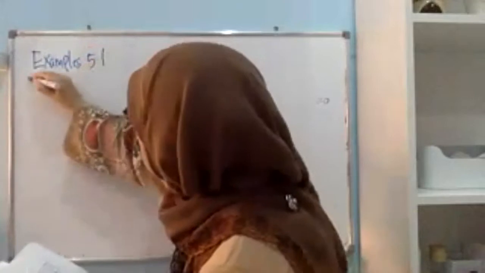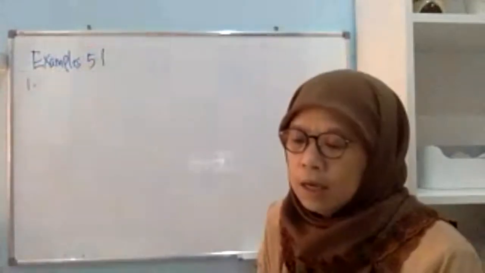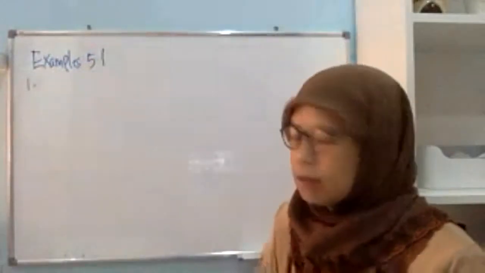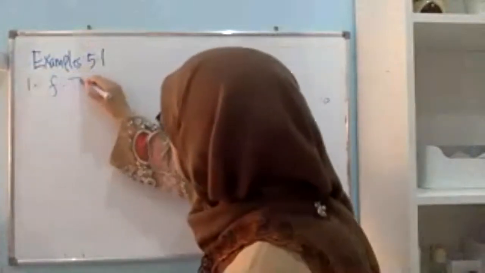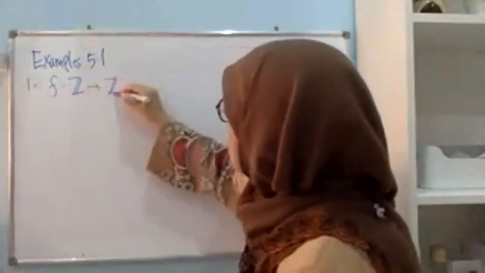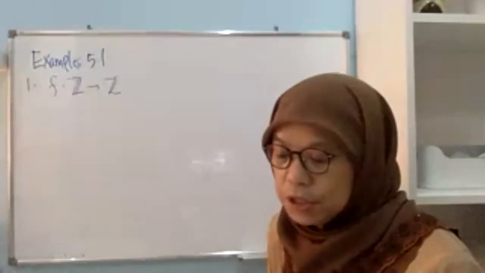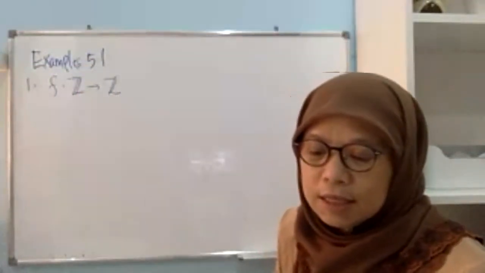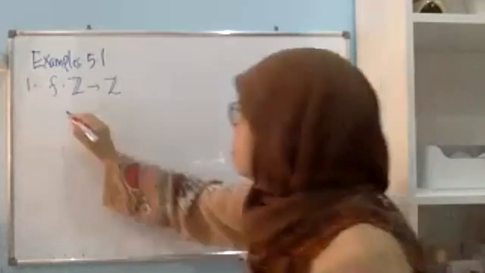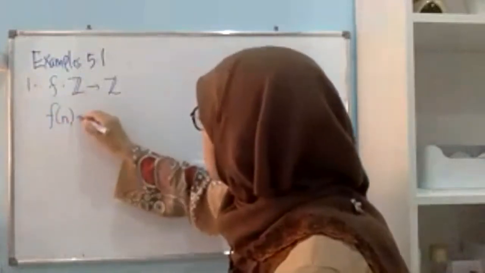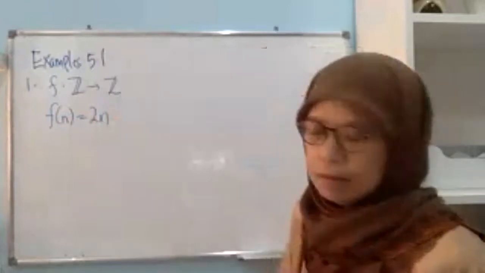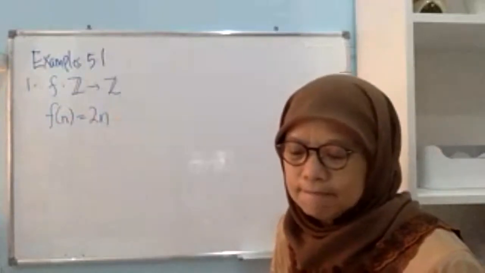Okay, in this example, F is from Z to Z. So this is an automorphism because G is equal to H, okay? Sending an integer n to 2n. Okay?